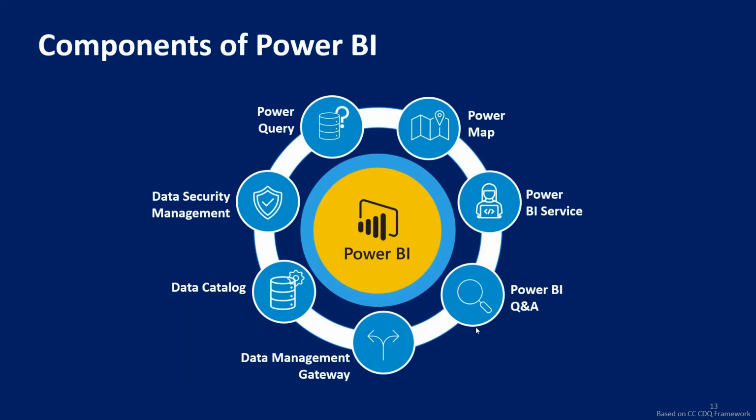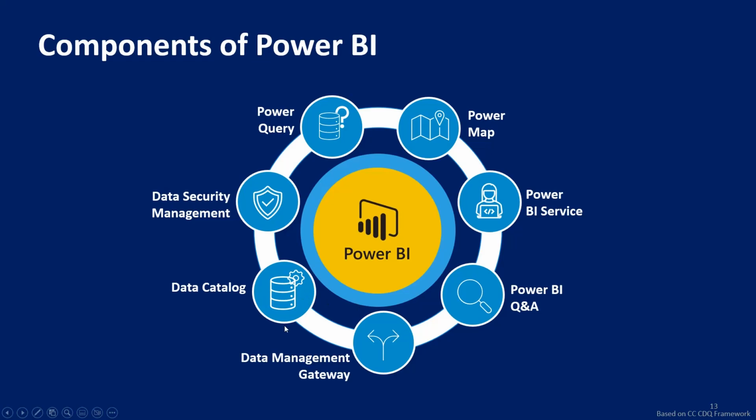These are some of the components of Power BI. We have Power Query as a base. We have Power Maps, and Power BI Service, which is basically the online way to publish. Power BI Q&A, which is in a way an AI feature built into Power BI, and it has been enhanced quite heavily these days with Copilot. Data management or gateway is for automatically refreshing your data.